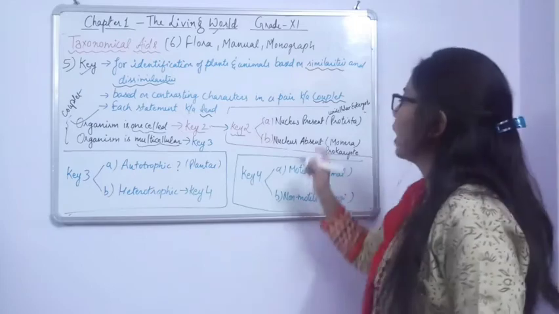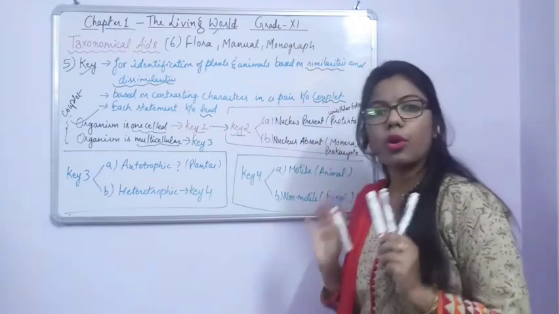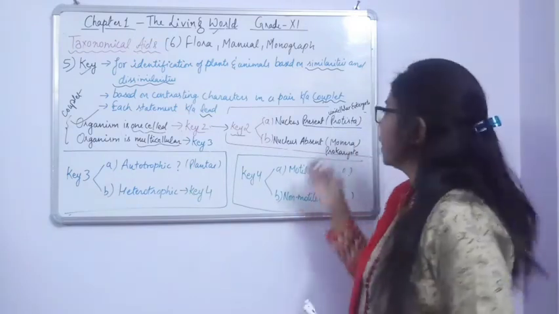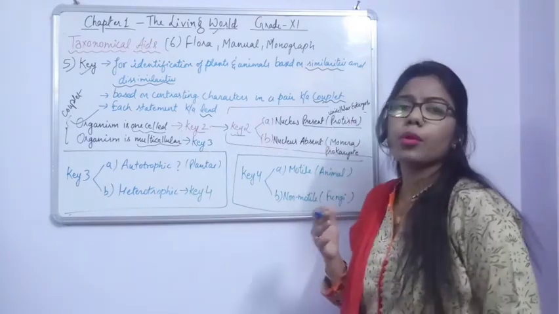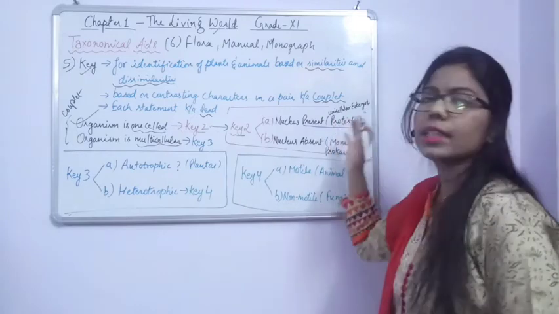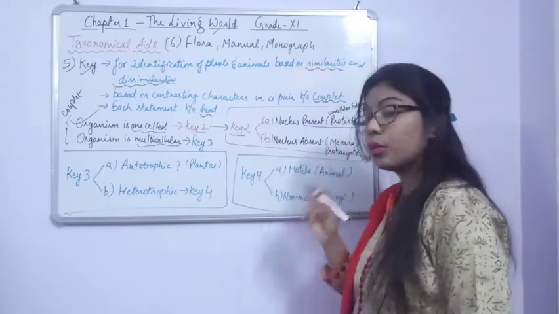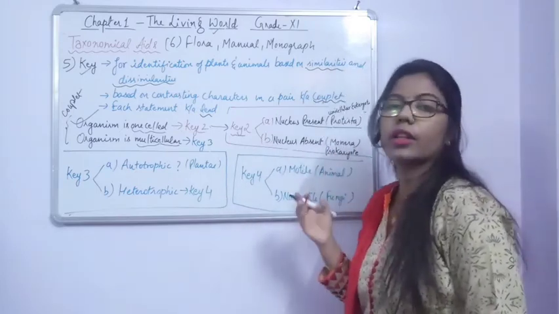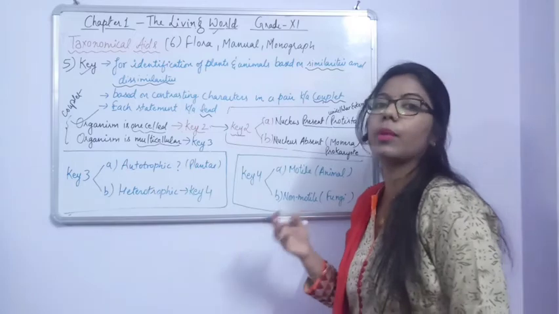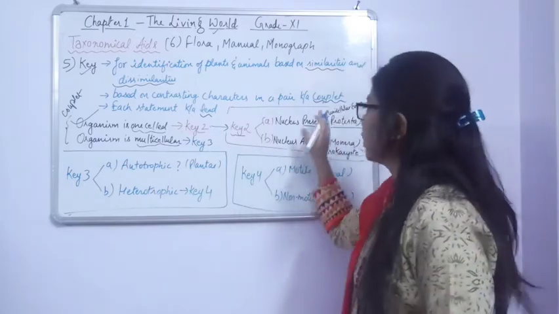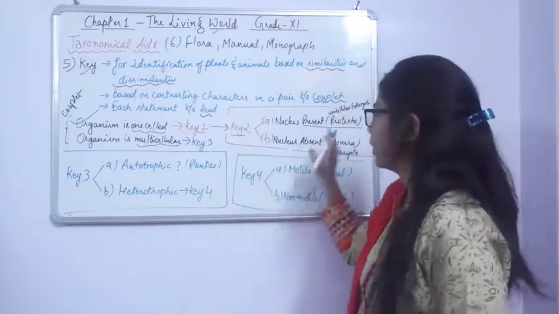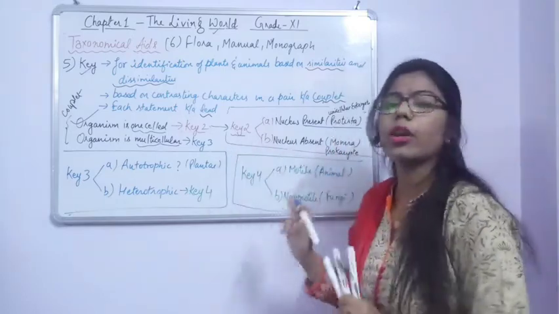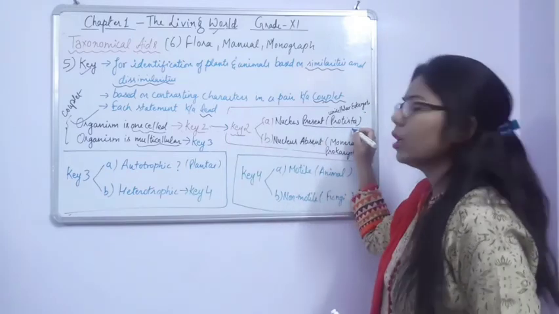If you find that nucleus is present, now you got the answer, it may be the protista, because we know that protista is a unicellular eukaryote, which you will study in the next chapter about all the characteristics of prokaryote, eukaryote, monera, protista, fungi, plantae, animalia. So you will study all about the characters. Here, on the basis of some character, some lead, you are getting your answer. So you got your answer, protista.